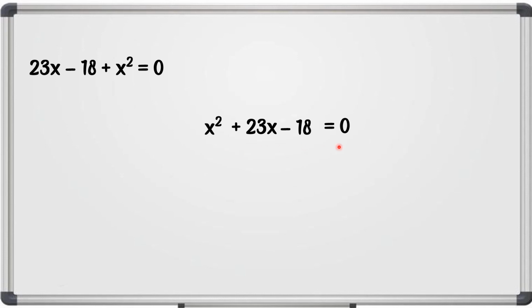So now it is written in standard form. The value of a is equal to 1, which is the coefficient of x squared. Next, b is equal to 23, which is the coefficient of x, and c equals negative 18, which is the constant term.